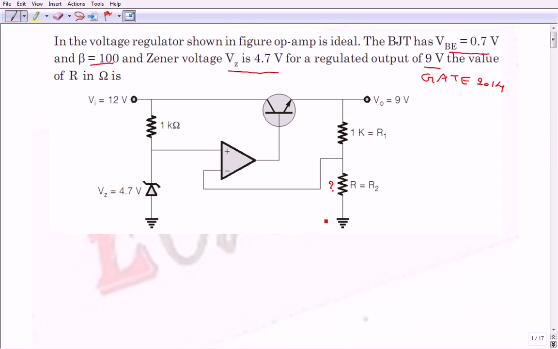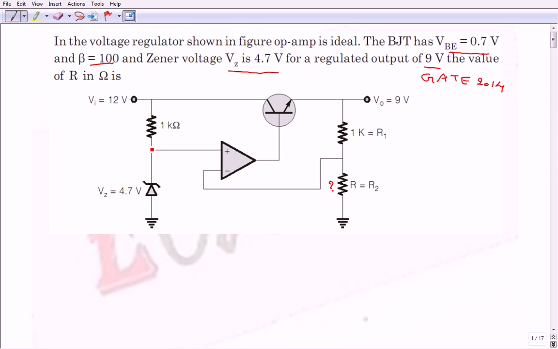It's a very simple problem, and the given op-amp is ideal. This is very important. We know that in an ideal op-amp the voltage gain is infinite. Because of that, there will be no difference at the input terminals, that is V plus is equal to V minus.